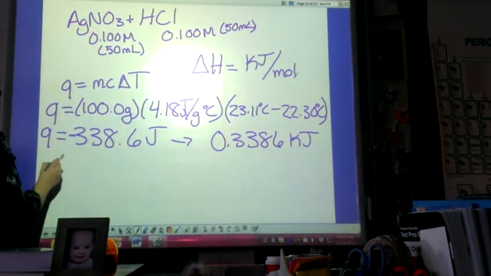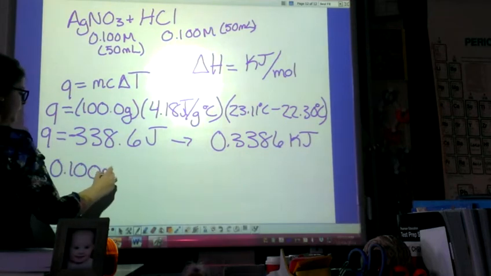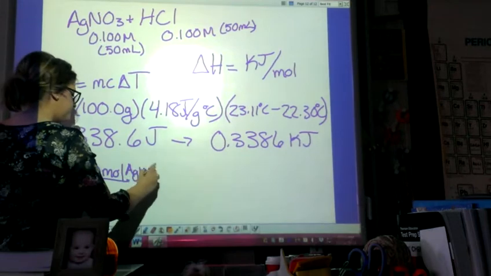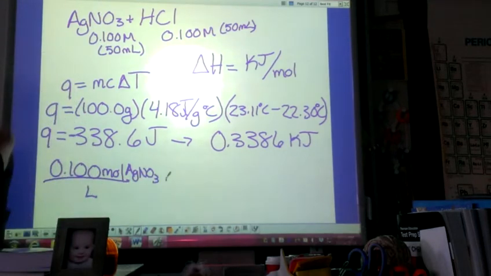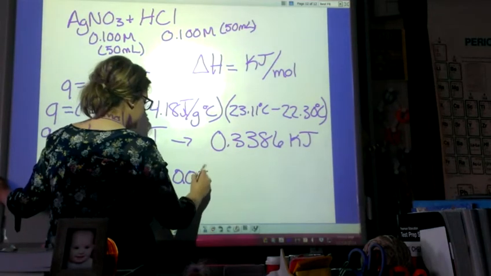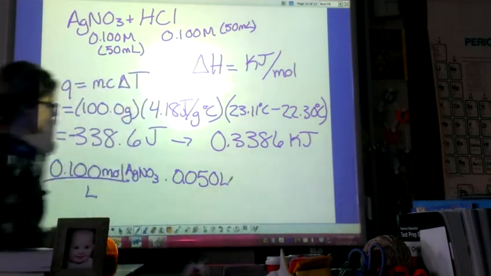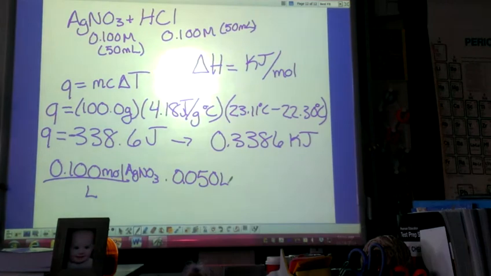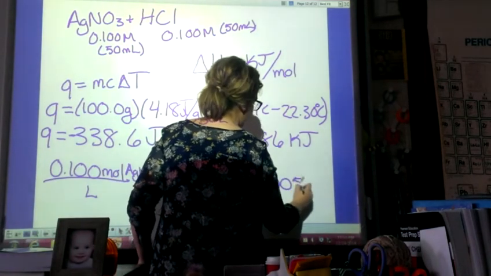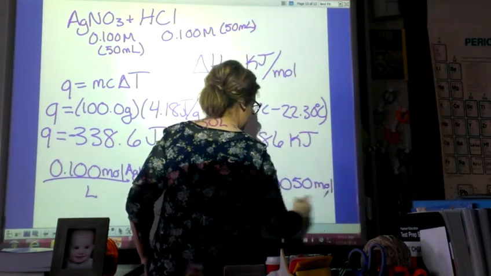We started off with 0.1 molar, or moles per liter, of silver nitrate, and I have 50 mLs of it, so let's multiply 0.1 times 0.05 liters. That will give me 0.005 moles of silver nitrate.